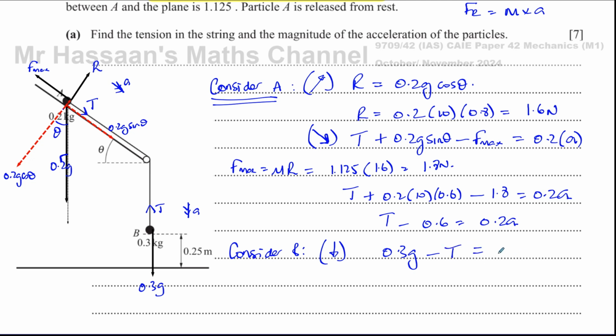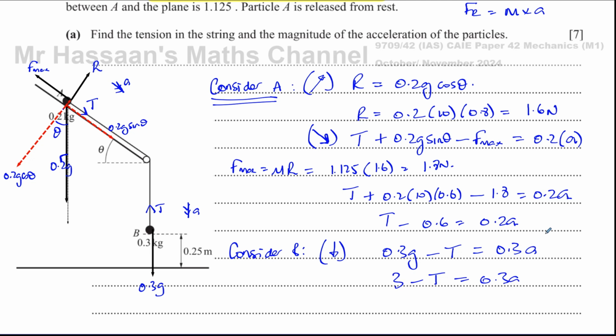And we know that's equal to its mass, which is 0.3, times acceleration. So this is, again, the resultant force equals the mass times acceleration. So this is going to be 3 minus T equals 0.3a.